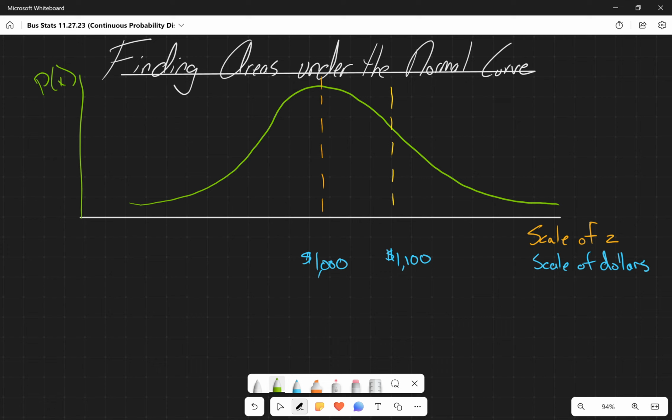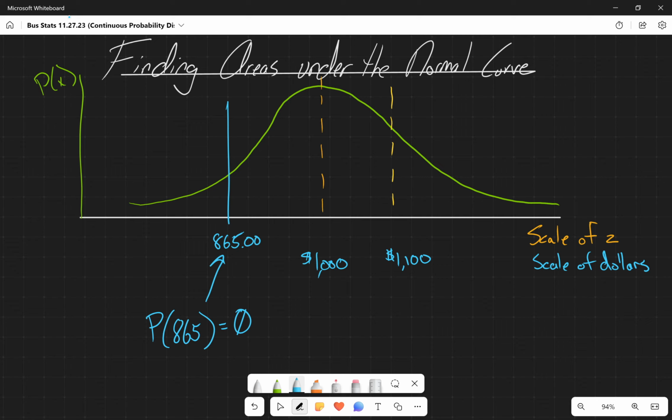But the interesting thing that's happening here is that when we try to figure out what's going on at a specific value, because it's continuous, say $865, and you wanted to know the probability of somebody making $865, well, because this is continuous, the probability of them making exactly $865 is going to be 0.